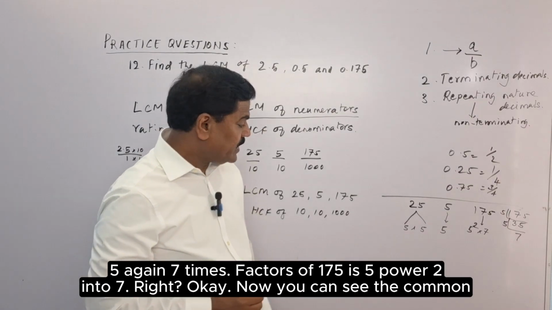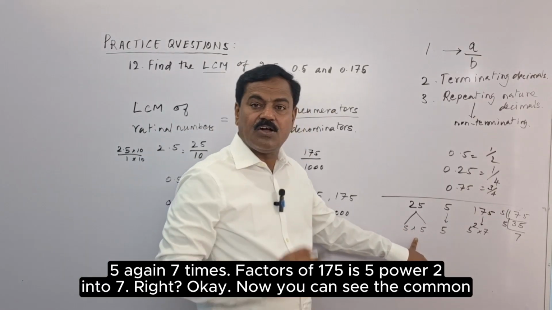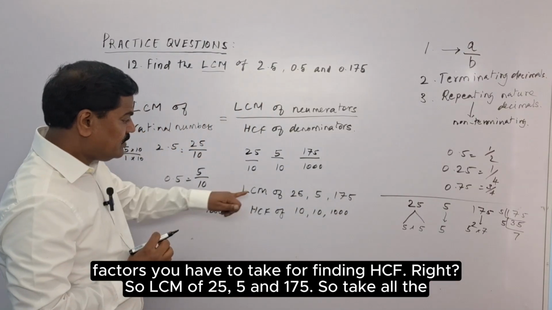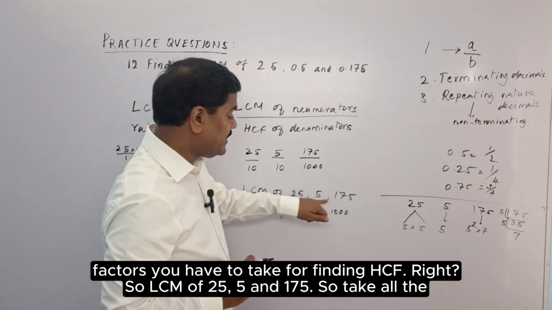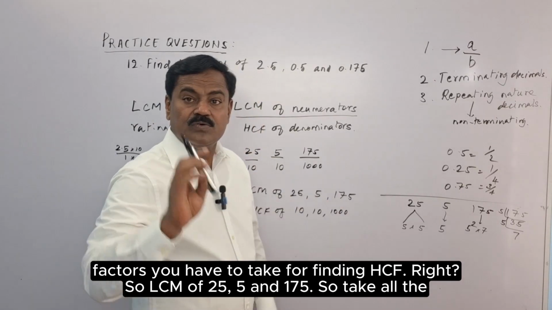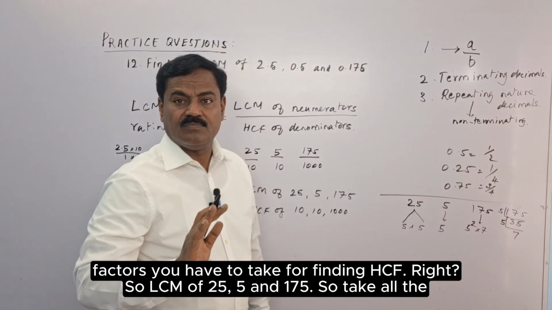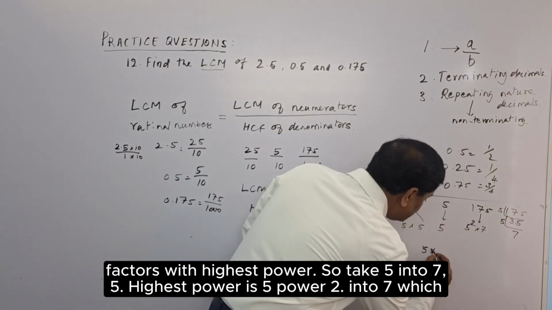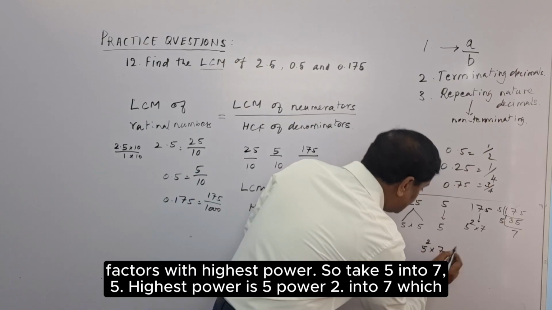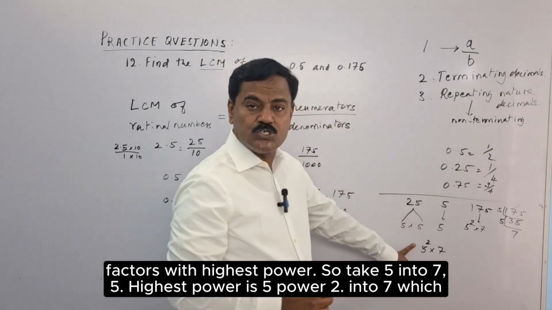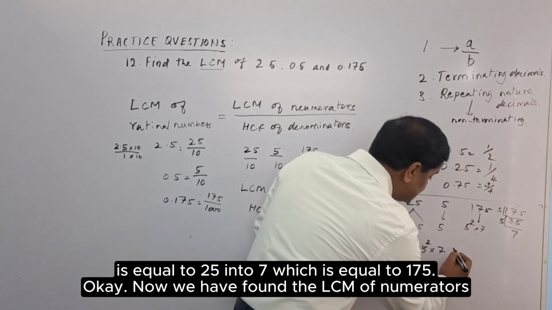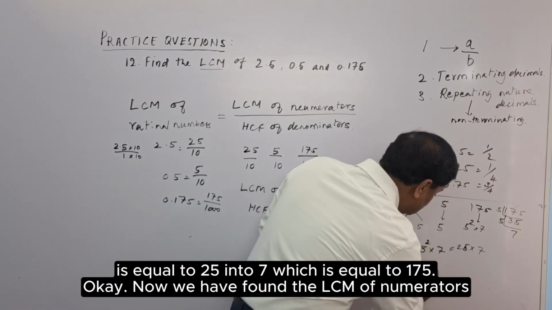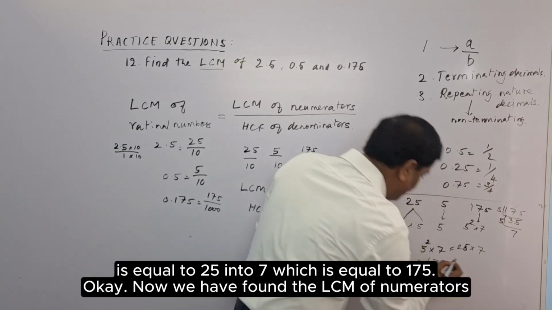Now for the LCM of 25, 5 and 175, take all the factors with the highest power. So take 5 and 7, the highest power of 5 is 5 power 2, into 7, which is equal to 25 into 7, which is equal to 175.